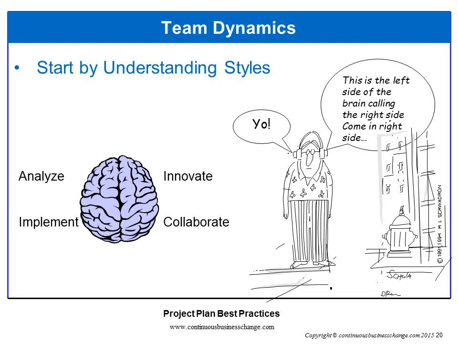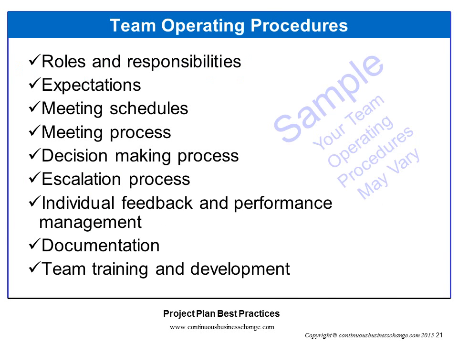The ideal team will have diversity across the various styles and the flexibility to move outside of their comfort style depending on the situations encountered. If just one member is new to your project team, take the time to review and agree on the team's operating procedures.